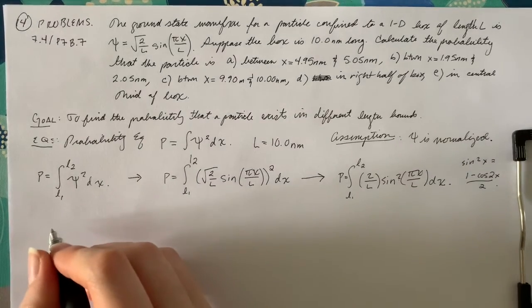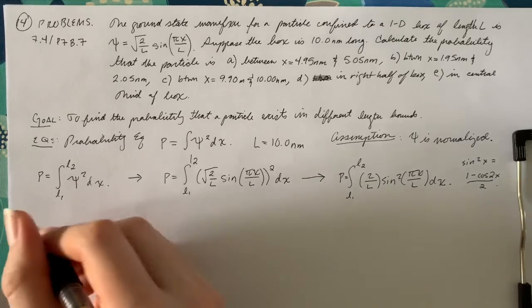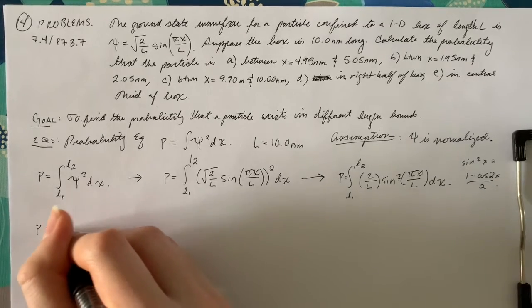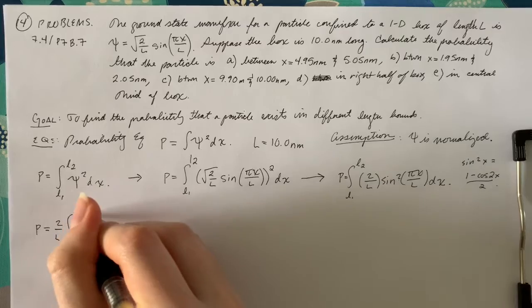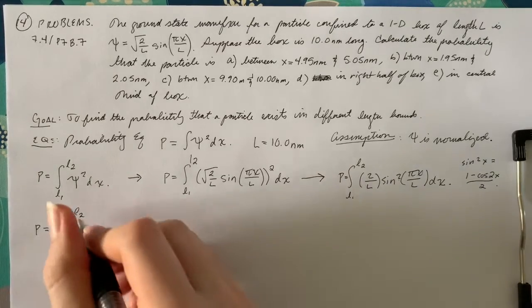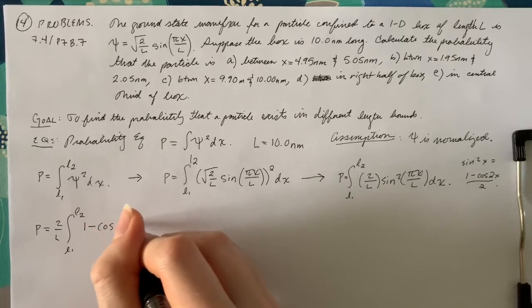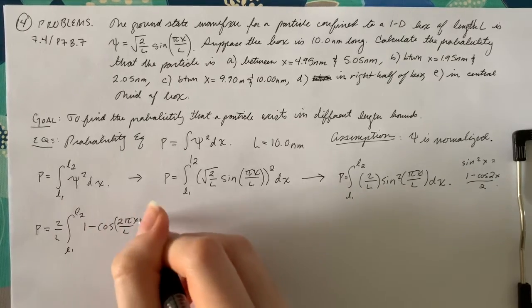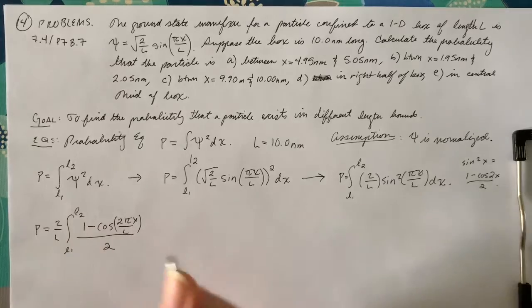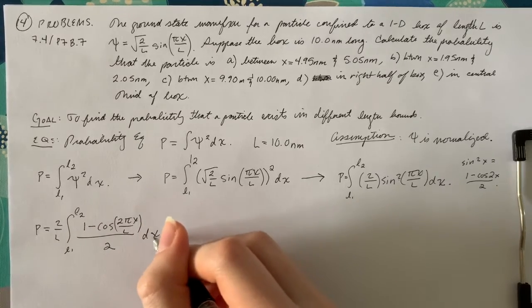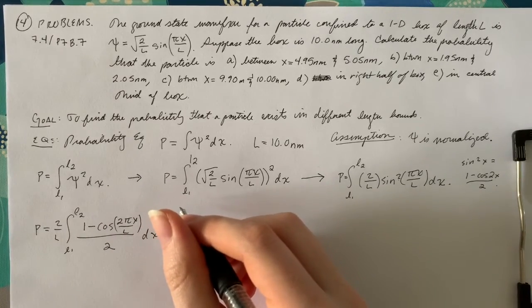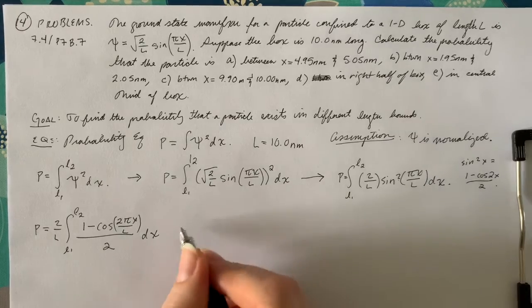So coming over here, we have P equals 2 over L, integrate L1 to L2, 1 minus cosine 2 pi x over L, over 2 dx. And then from here, we can actually integrate.